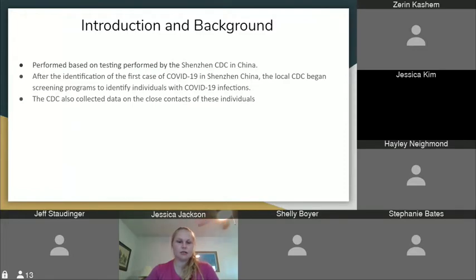What the study did was an analysis of research and testing performed by the Shenzhen CDC in China. After the first case was identified in that area, the local CDC had begun to create a bunch of screening programs to identify individuals who were sick with COVID-19. Once they identified those individuals, they identified their close contacts and tested all of them.